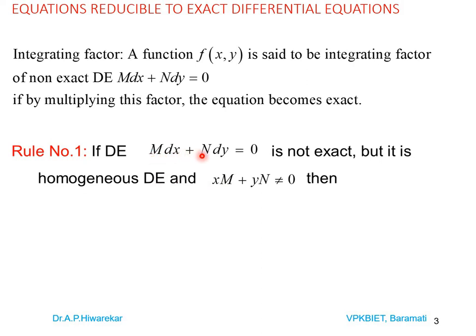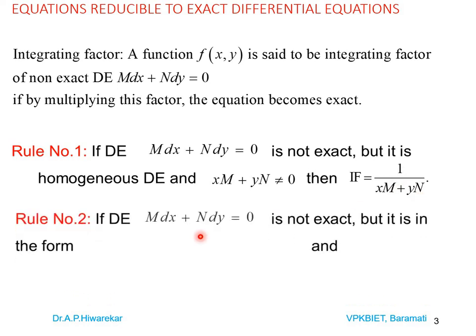Means M and N are homogeneous functions of x and y of the same degree. Then we call this equation as a homogeneous differential equation. Moreover, xM plus yN which is not 0. Then integrating factor is 1 by xM plus yN.